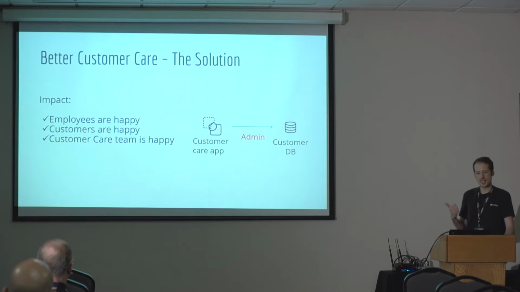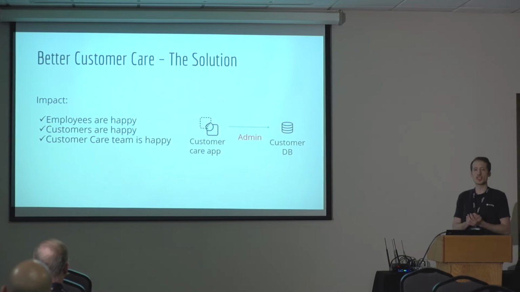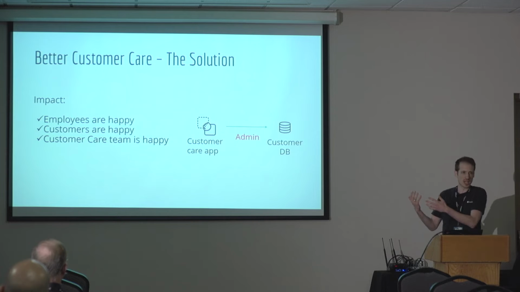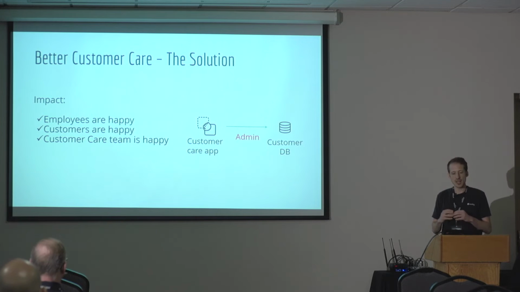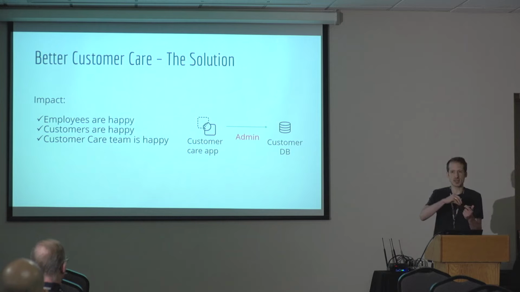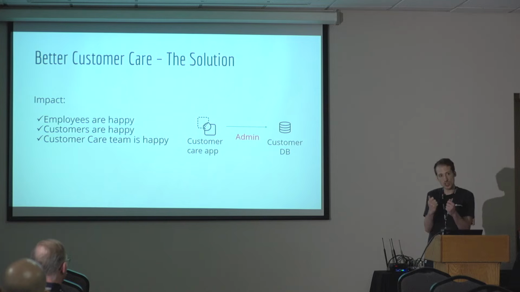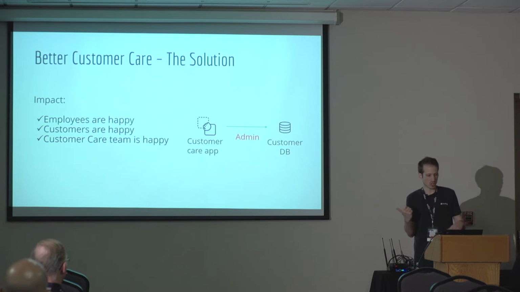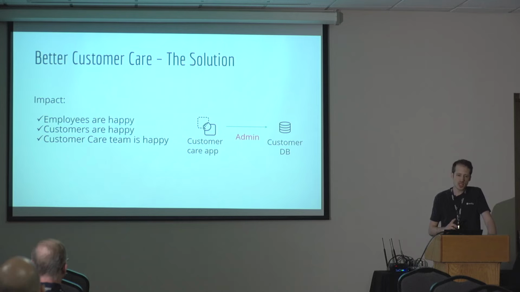They created an application. They embedded within the application their own identity, which was an admin on the customer database. And of course, within the application, they did handle permissions. They made sure that every user of that application can only see cases that belong to that user. But that was handled on the application layer. The connection to the database still used an admin connection. When you think about it, you can see that the impact was good.